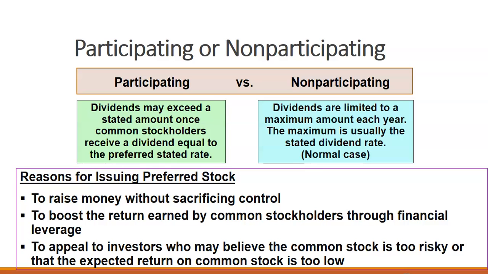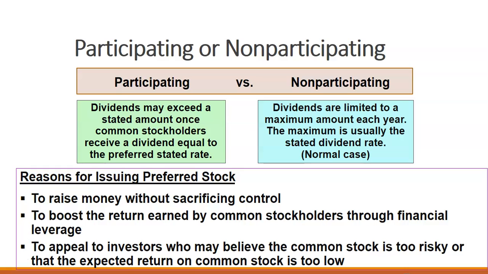So this is where if we say it's a 9% rate, then that's the largest dividend they can receive. If we're participating preferred stock, then the company can choose to give us more after they've already paid the common stockholders.